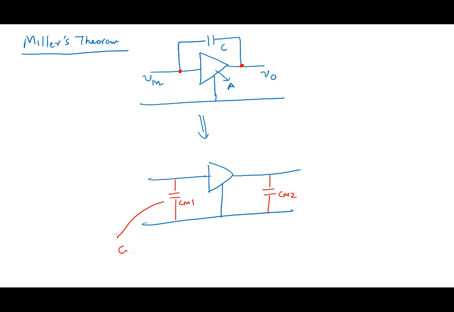CM1 is approximately equal to C(1 minus AV), where AV is the voltage gain, and CM2 is approximately C(1 minus 1 over AV).